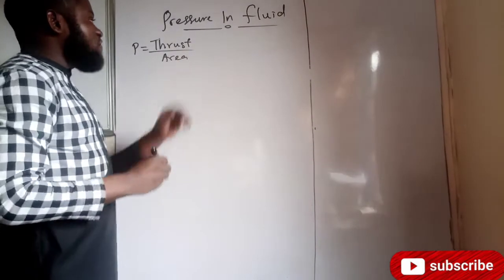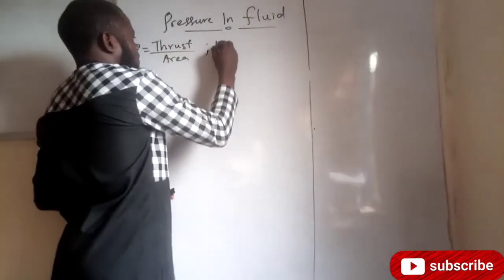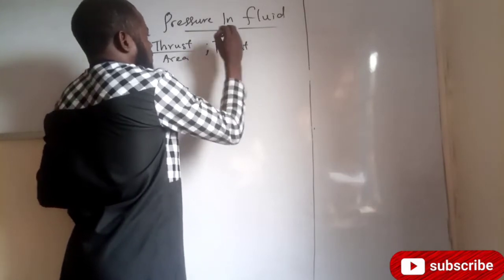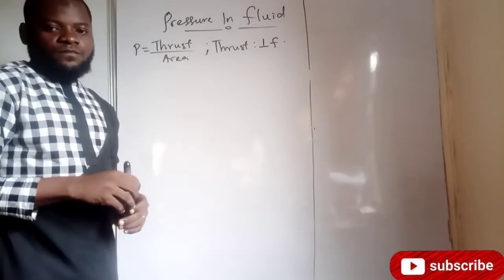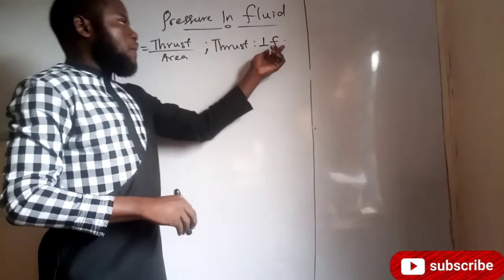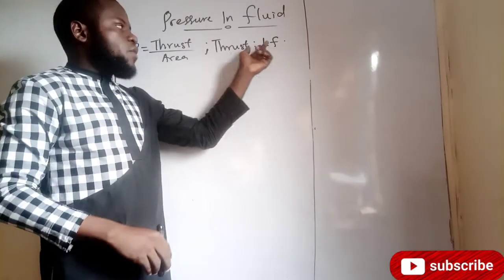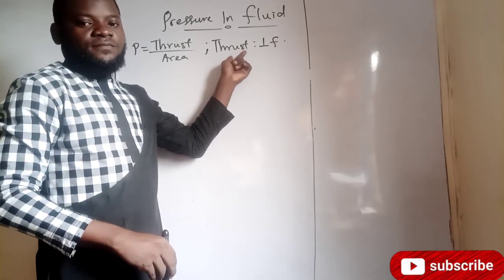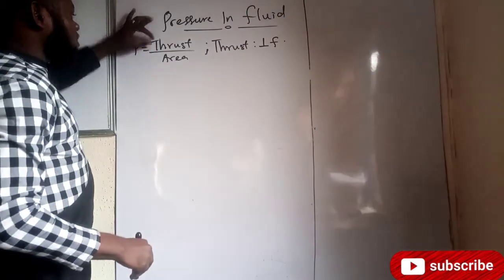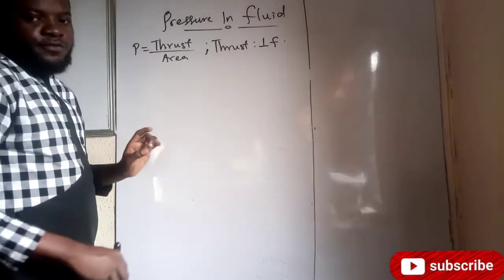And whenever they say thrust, we are talking about a perpendicular force. Whenever a force is perpendicular to a surface, we call that kind of force thrust. Do we understand this now? Cool. So, thrust per unit area is pressure.